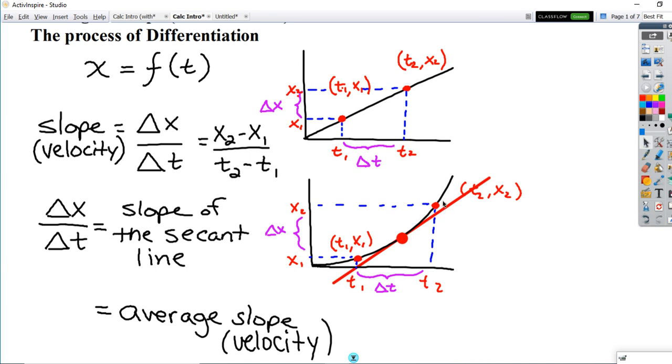And there's clearly a defined answer, because all you have to do is separate these 2 dots just a little bit, and you'd have numbers that you could plug into this formula. But if you make them go on top of each other, bringing delta t to 0, you get an undefined answer. This is where calculus comes in.